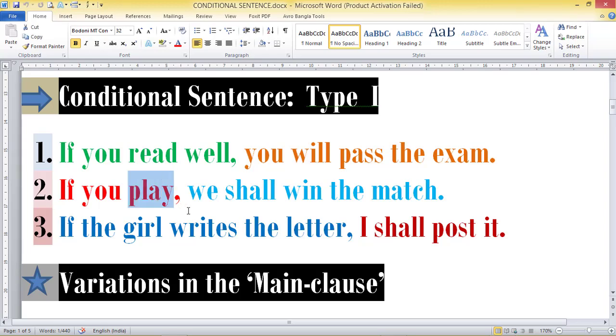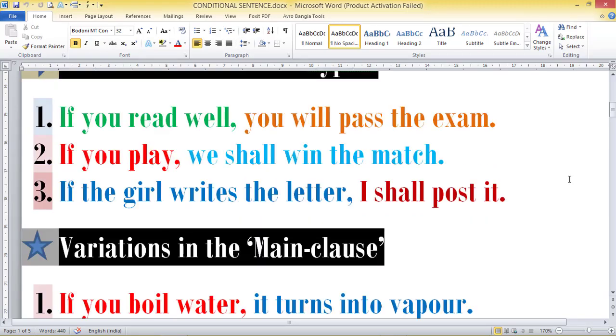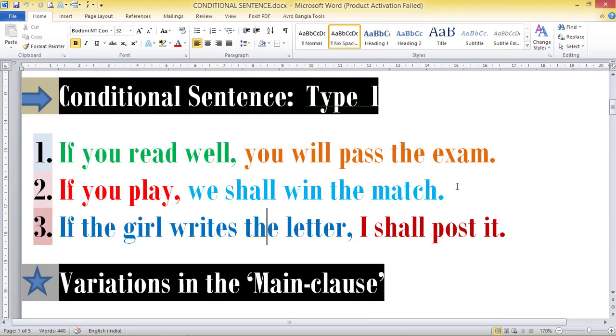And in the main clause we have used future indefinite, that is shall or will plus the first form of the verb after the subject, we. So in a conditional sentence of type 1, in the if clause present indefinite tense is used, and in the main clause future indefinite tense is used.